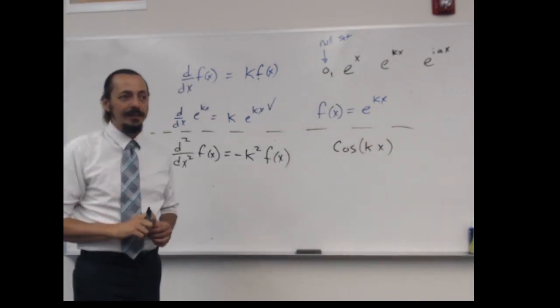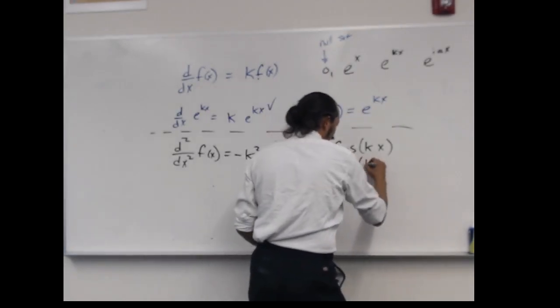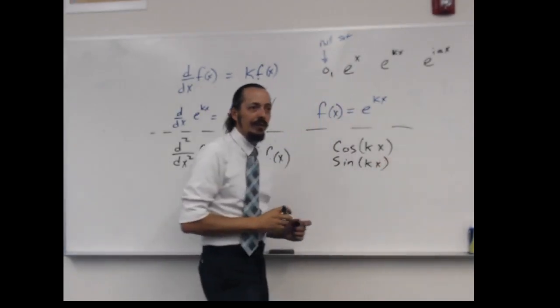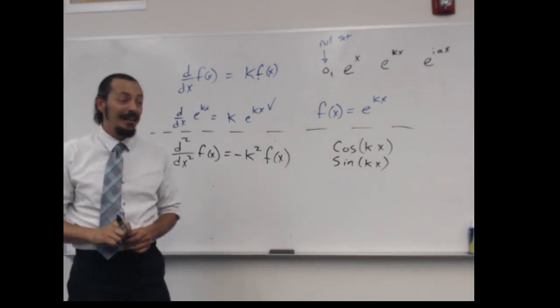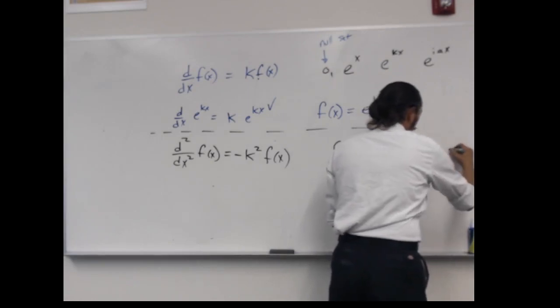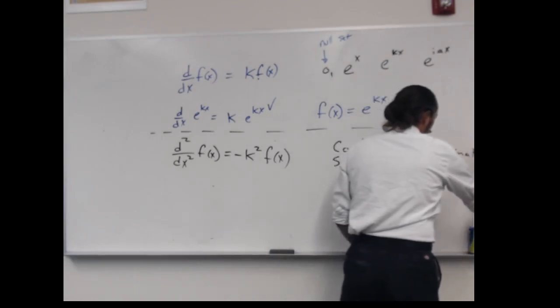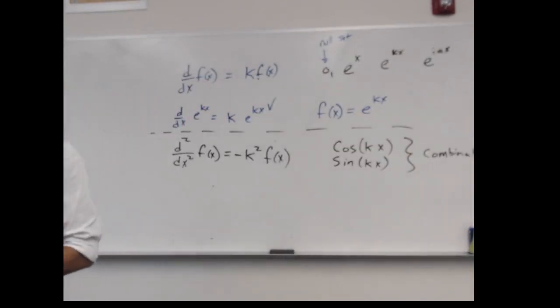What else? Sine. Sine of kx. What else? Combination of cosine and sine. Yeah, a combination of cosine and sine would work. There's another function that also works. Yeah, e to the negative kx?